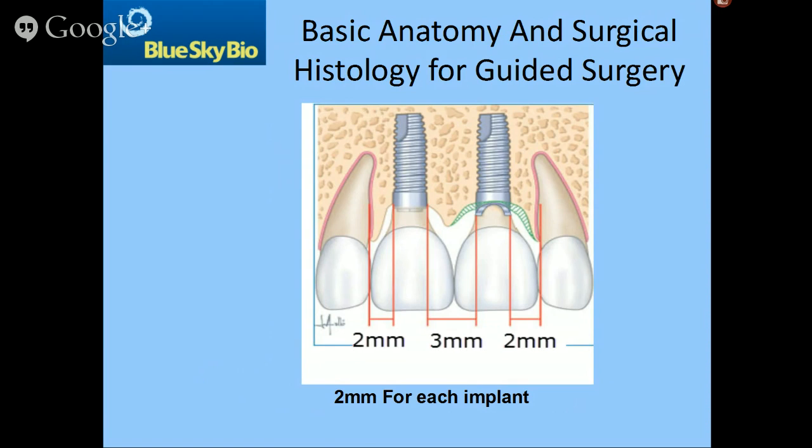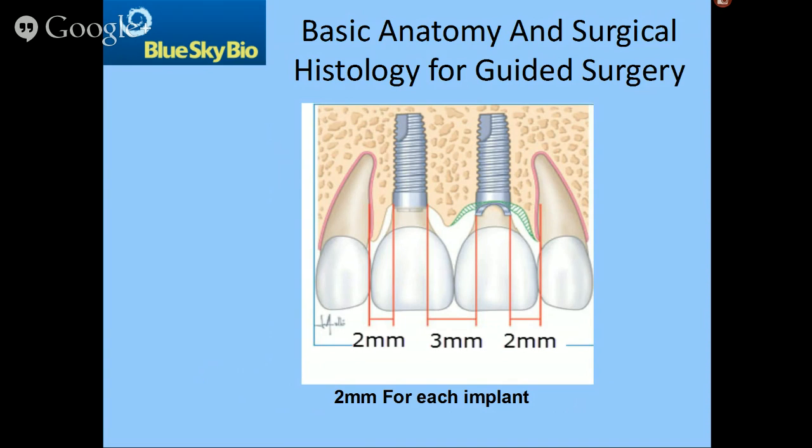And the reason is, number one, during placement of the implant, you have to have enough room of vital bone left after the osteotomy. You probably get 0.5 millimeter of dieback of the bone to begin with, just from the fact that it was drilled. A quarter millimeter, something is not happy and clots during the placement of the implant. And so you have to leave a little bit of room for that.